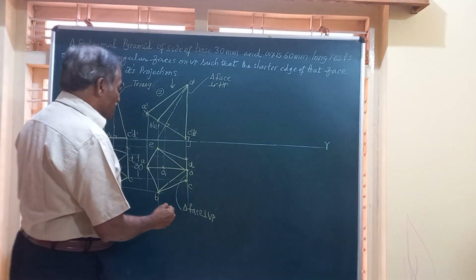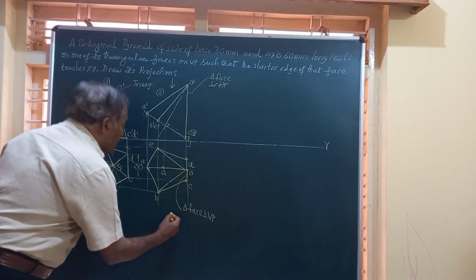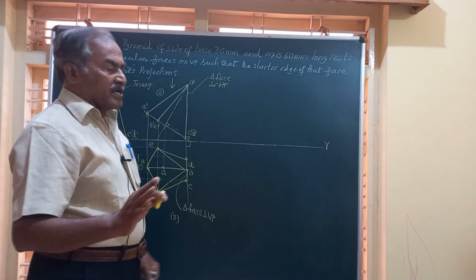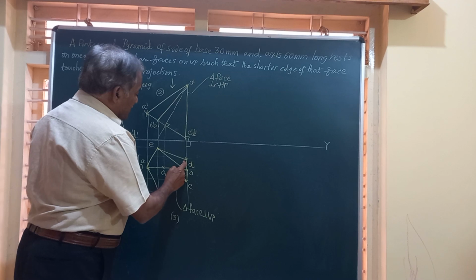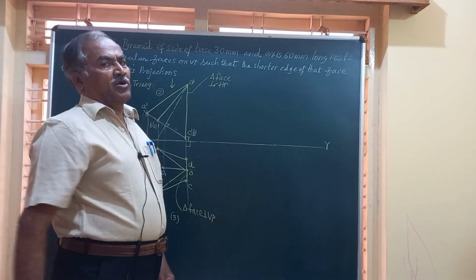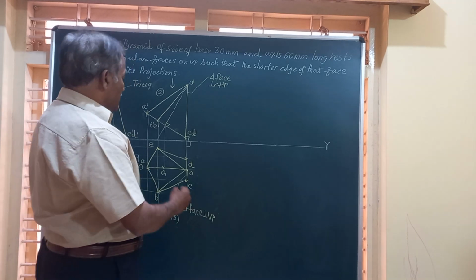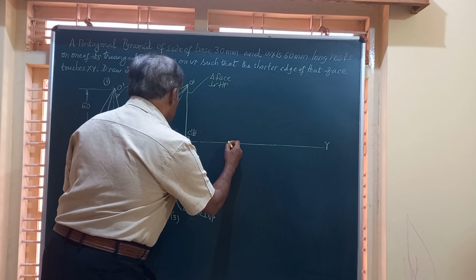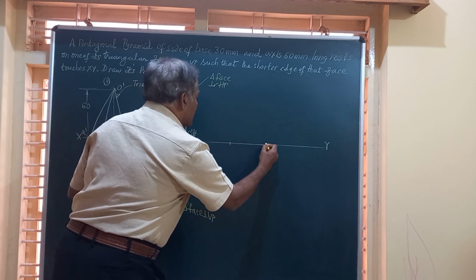So friends, whatever this figure we have got here, say figure number 3, I am going to redraw such that this COD lies on XY and obtain the corresponding front view. So friends, I am going to redraw this figure here such that DOC is on XY.